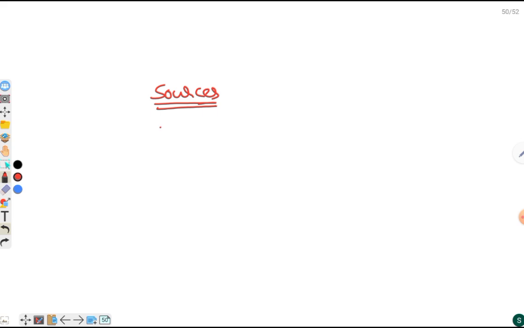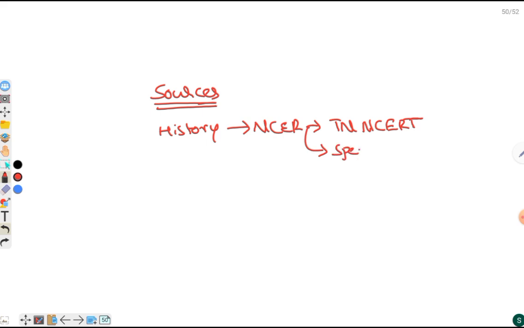For history, when it comes to the NCERT, just rely on the Tamil Nadu NCERT. The standard source you have to read is Spectrum for modern history.